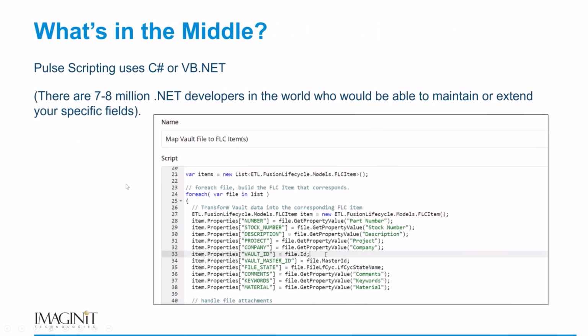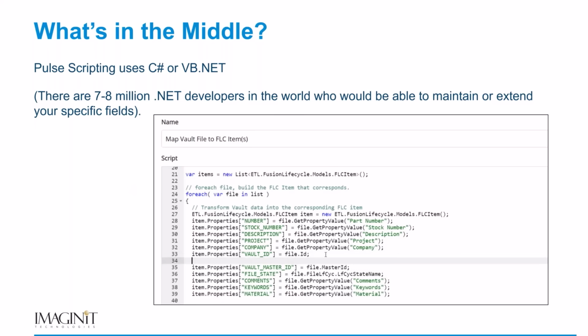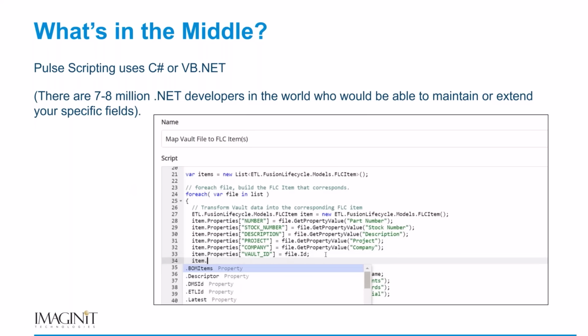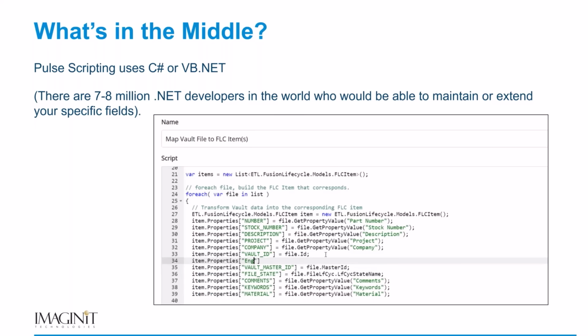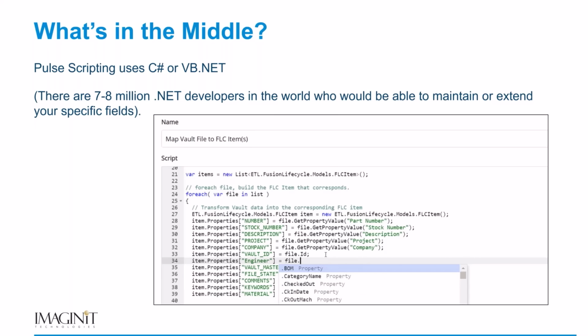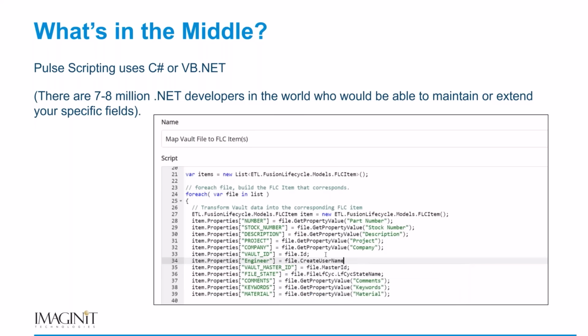And then, as I mentioned, Pulse scripting, we use C# scripting because we went around looking to see, can we find people with Jitterbit experience or Dell Boomi experience, and it was really hard to find people that both had experience with those as well as domain expertise within engineering, document management, and that kind of thing.